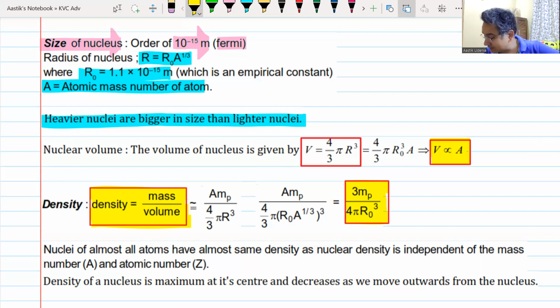Do we see this? Yes, sir. That means nuclei of almost all atoms have almost the same density. We understand this? Yes, sir. The density of the nucleus is maximum at its center, and as we move away from the center of the nucleus, the density is less. I'll give you 2 minutes to note this down.